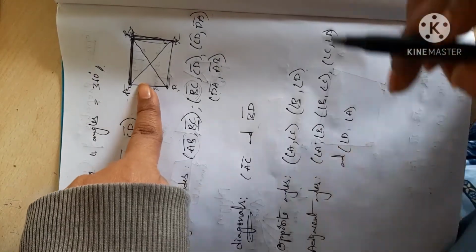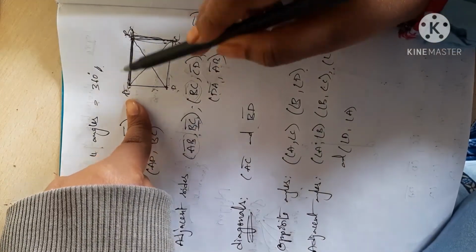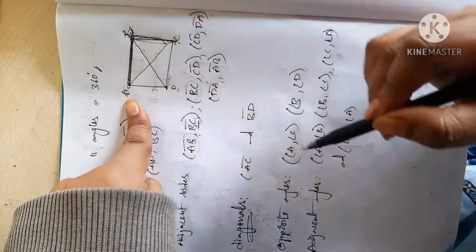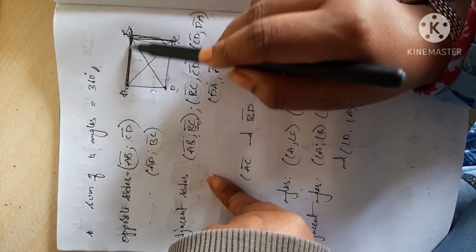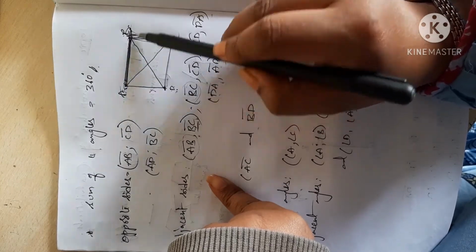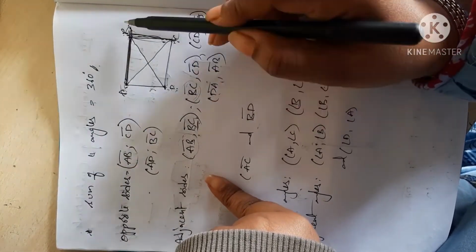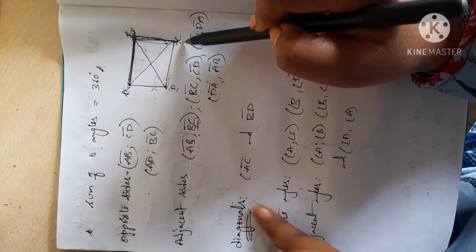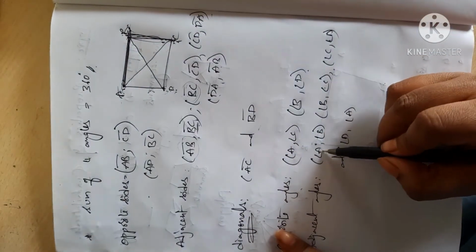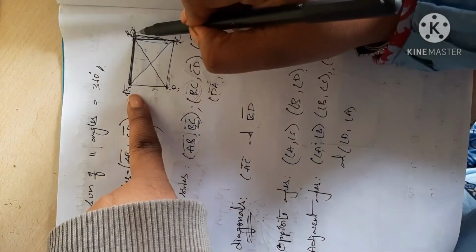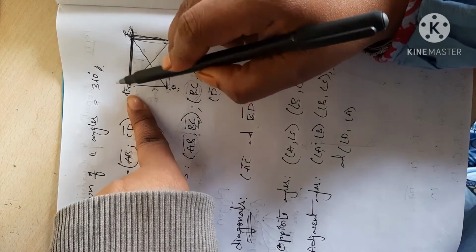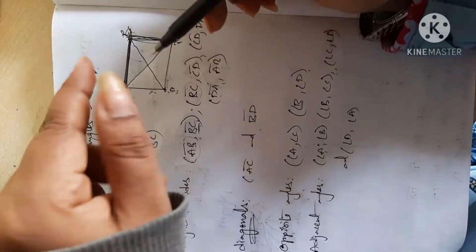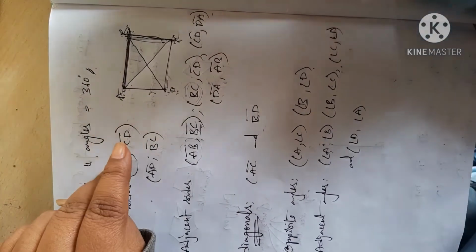Angle A's adjacent angles are angle B and also angle D. Not only for angle A, for each and every angle, there are 2 adjacent angles.